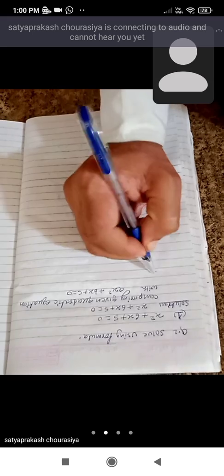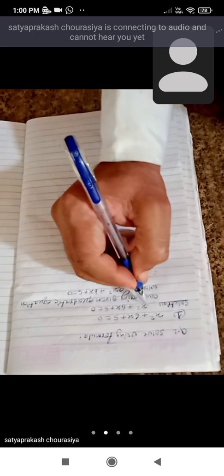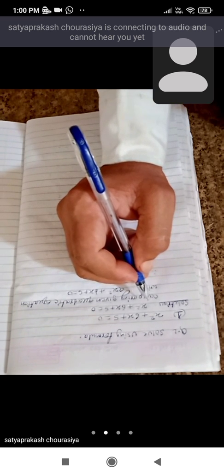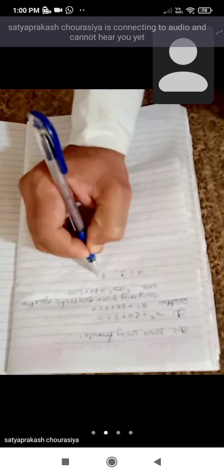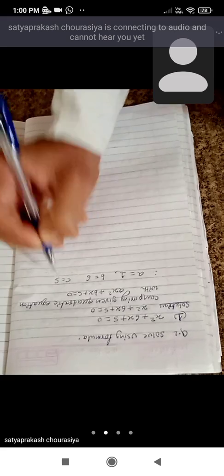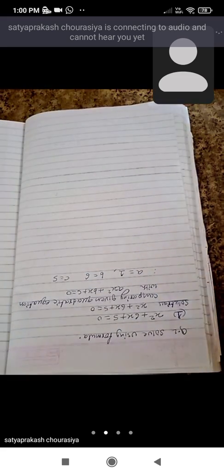So therefore the value of a is equal to 1, because before the x square there is no number, but in reality there is always 1. The value of b is 6 here and the value of c is equal to 5.